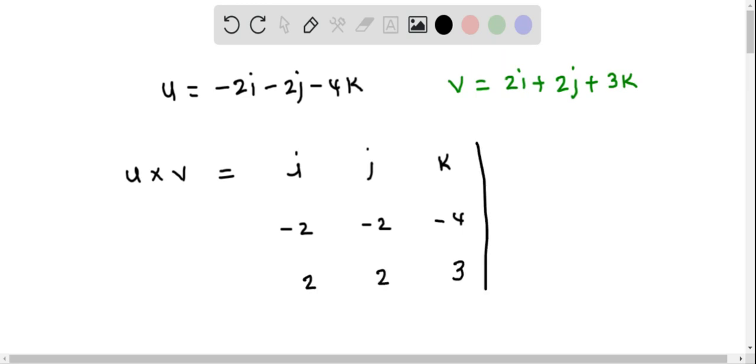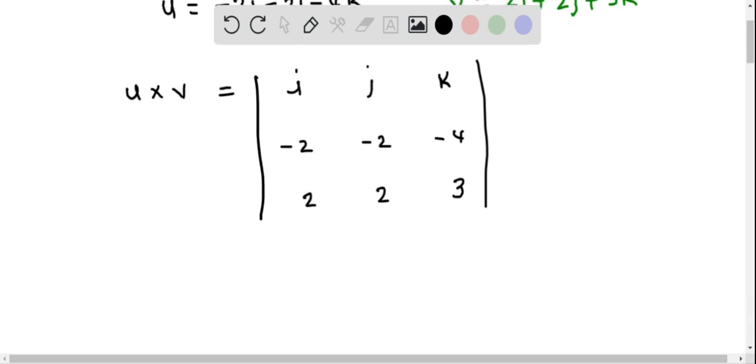So we have to evaluate this determinant. Let's do that. So first I put i vector multiplied with, we have to leave the row and column represented by the i vector. So we leave the first row and the first column, and then we will get only this determinant. We have to evaluate this determinant by doing the crossing like this.